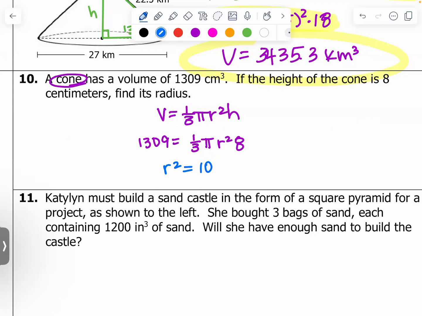So r squared gave you 156 point something. When you take the square root of both sides, you got 12.5. Is that what you're saying?